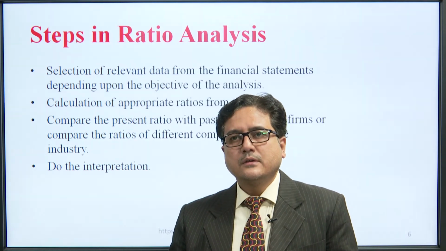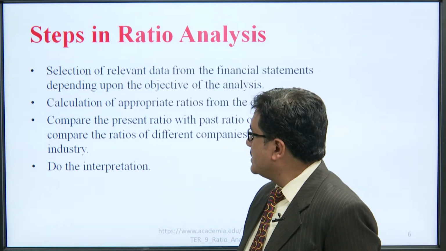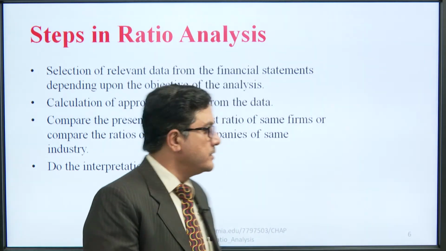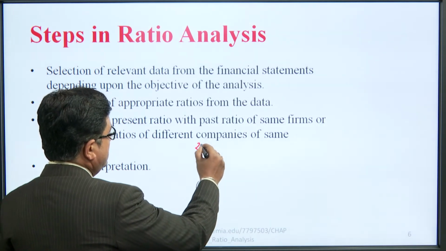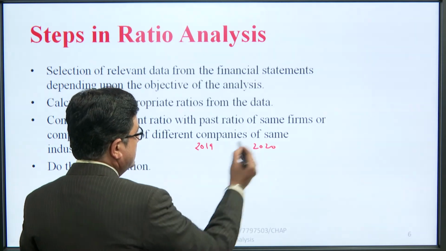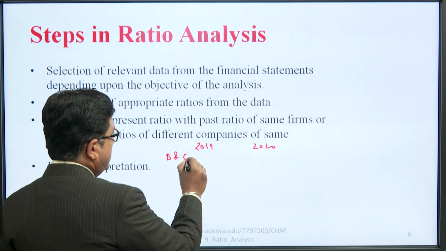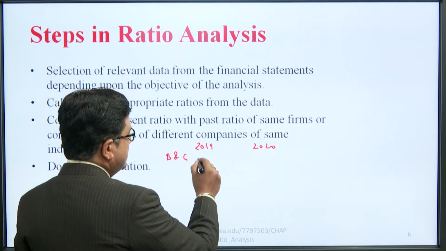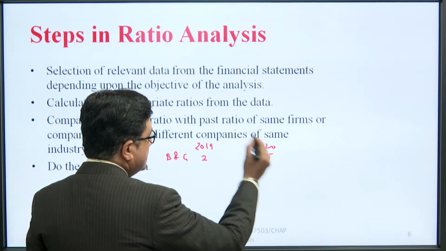So, in this year the ratio decreases. So, we can do like this one: 2019, 2020, boys and girls, the ratio of boys and girls is 2 and here is 1.5.